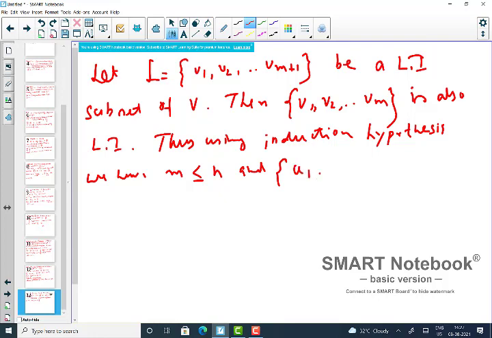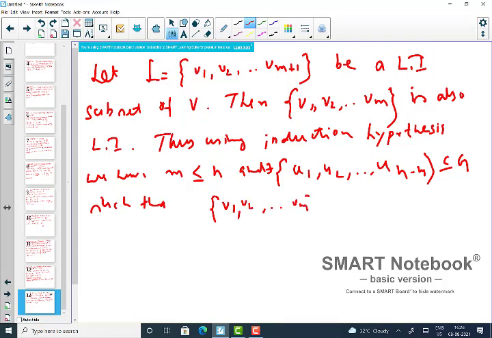So let me write down u1, u2, up to u n minus m, and this will be a subset of G such that the union of v1, v2, and vm with u1, u2, up to u n minus m generates v, right?